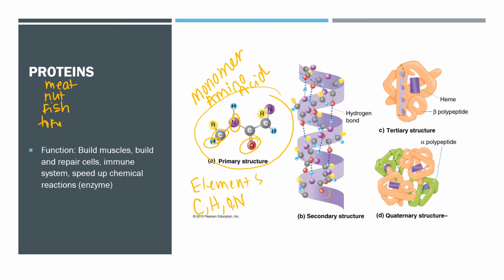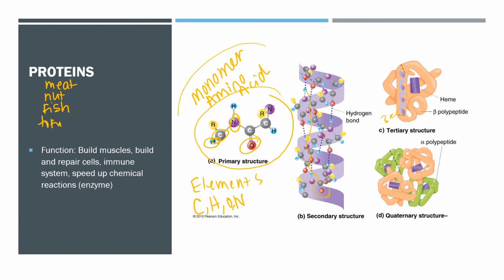And the interesting thing about proteins, so this is the primary structure, so that's what they look like, very basic. And then secondary, they get all twisted up. Tertiary, that's the third one, they get all twisted and folded again. And quaternary structure, they get twisted and folded some more. So these are very complex, larger structures. They have pretty complex functions as well.